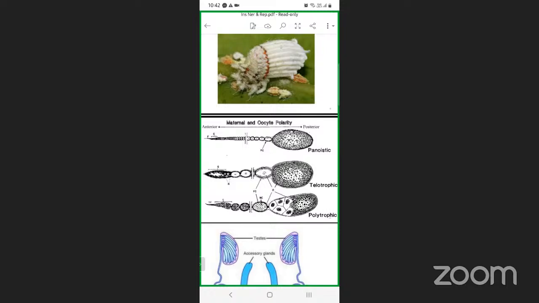They usually secrete adhesive materials to cement the eggs to the substratum or hold them together in the ootheca.